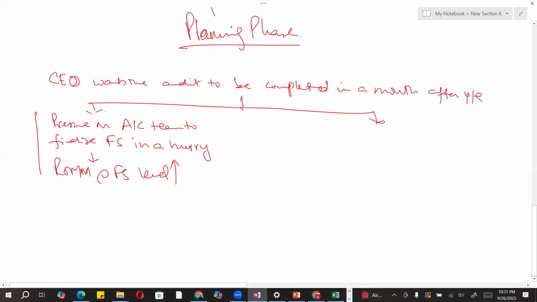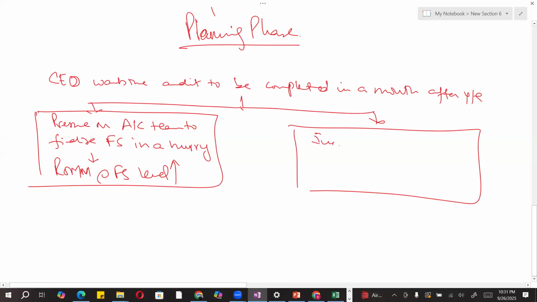That is one issue. The other issue pertains to increased detection risk. When the auditor is under pressure to complete the audit quickly, there is a possibility that the auditors may reduce sample sizes, may not obtain sufficient appropriate audit evidence.